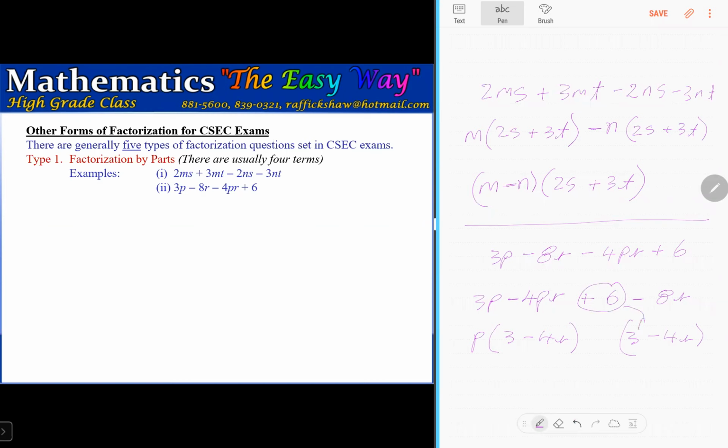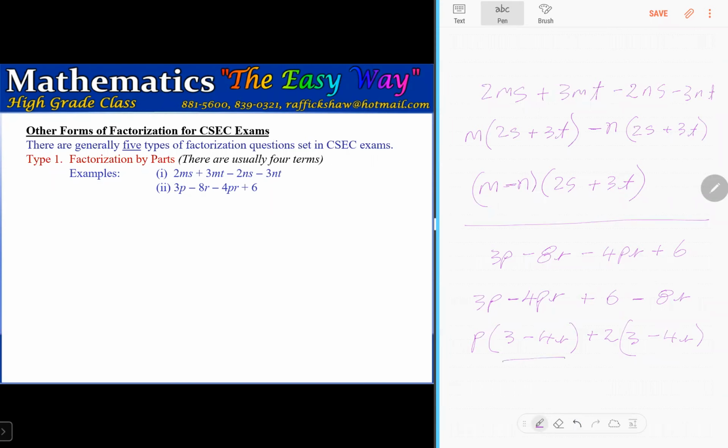What did I factor out? I must factor out a plus 2, because 2 times 3 is 6. And if you check it, positive 2 times 3 is positive 6, and positive 2 times negative 4r is negative 8r. So that's how you know you factorized properly.